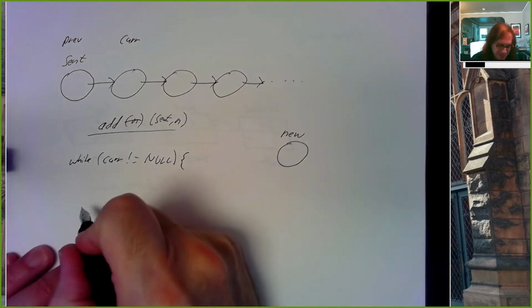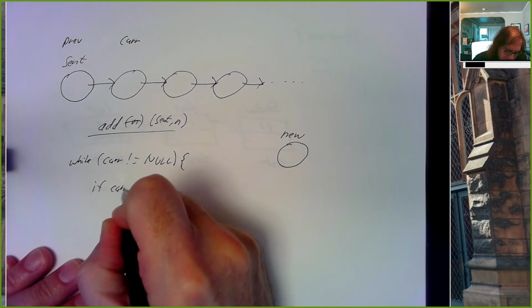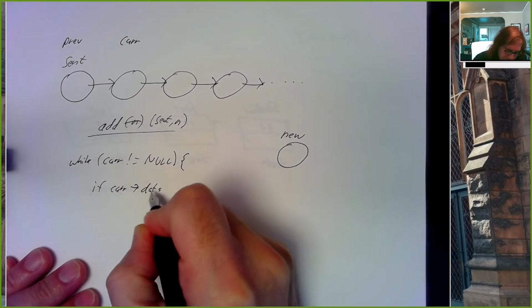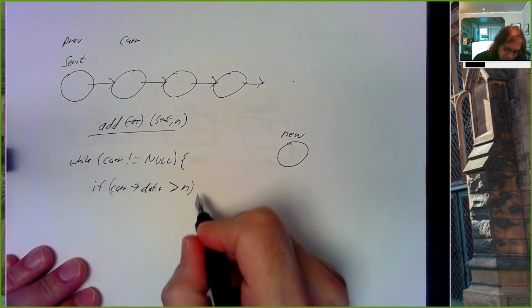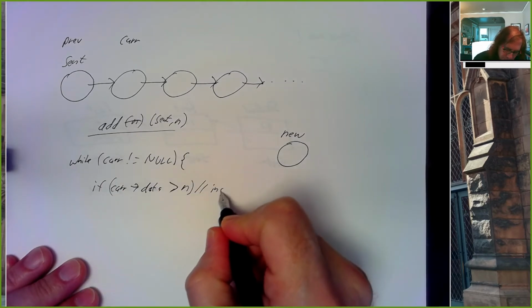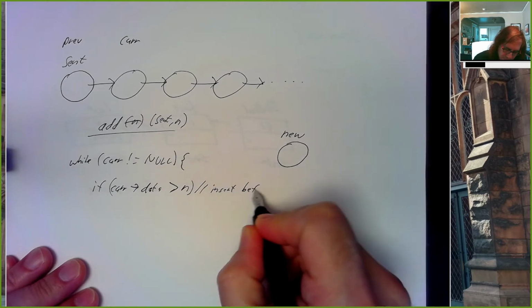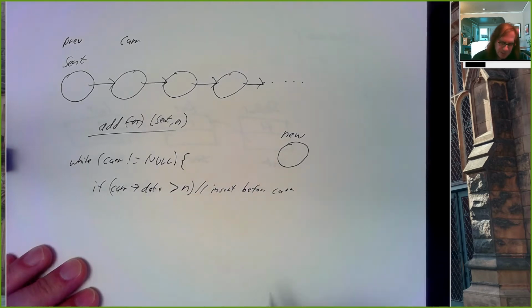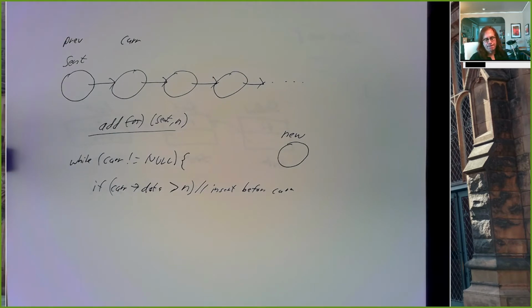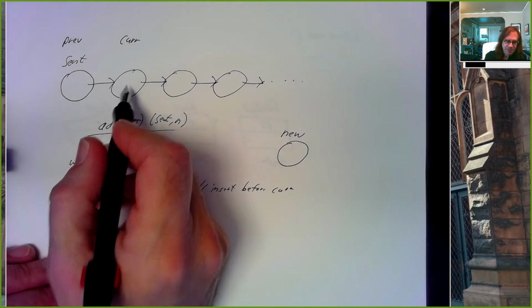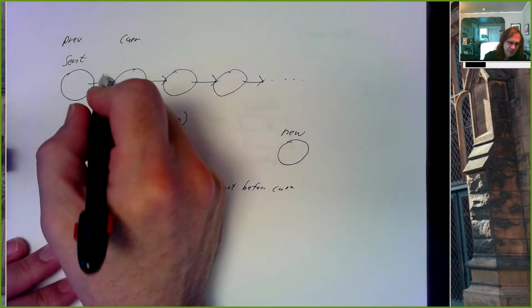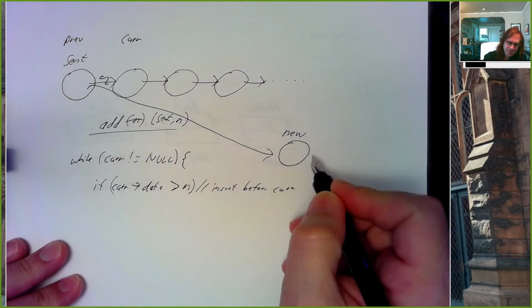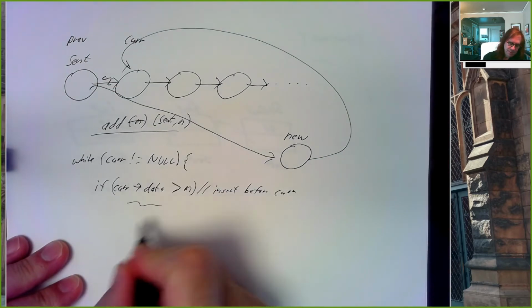And so see if current data is bigger than n, then we want to insert right before current. And so set new next to be current, set previous next to be new. And that sets up your pointers like this. And then return.